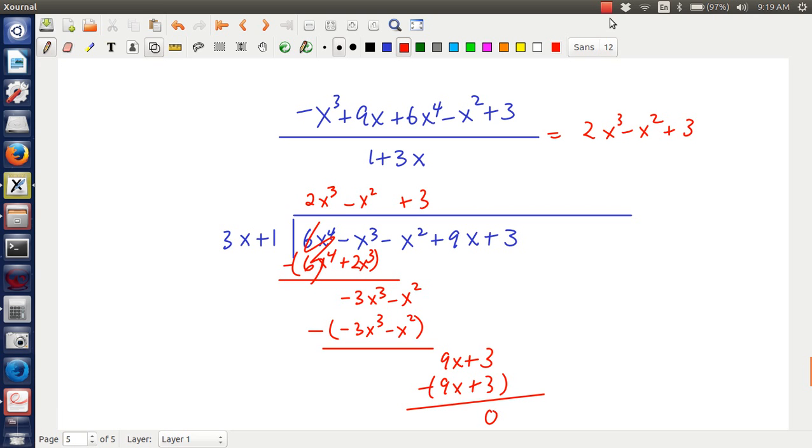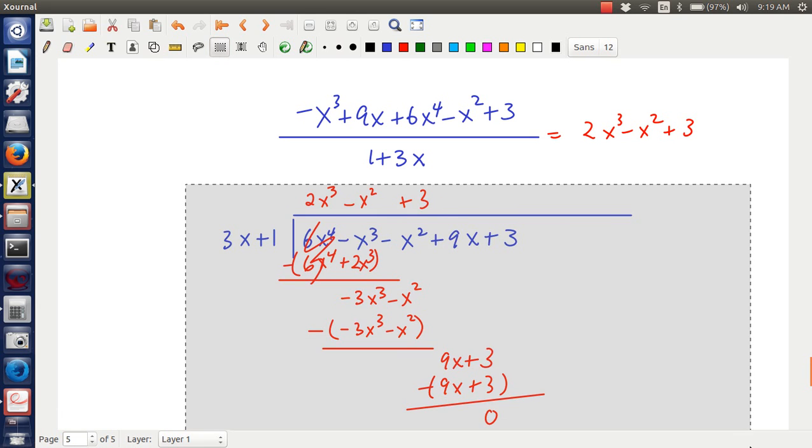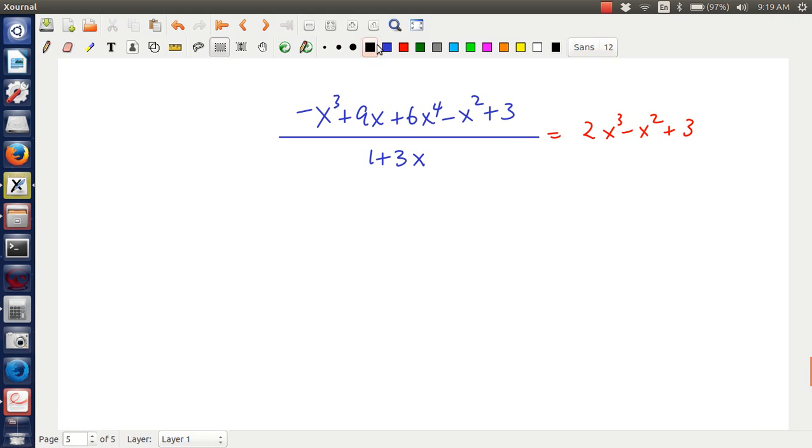Yes, so here's a question. What is this root? We used this language before. So this guy, let's make this top polynomial p. P has a factor of 1 plus 3x.